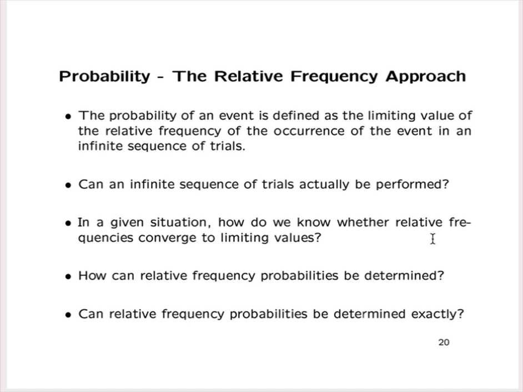Even if we could perform an infinite sequence of trials, how could we know whether the relative frequencies converge to limiting values? Now, that may seem like a very easy question to answer. But the reality is maybe it's not quite so easy because, and we'll talk about this a little bit more later, the outcomes of the trials that we're conducting, for example, flipping a fair coin, those outcomes are random.